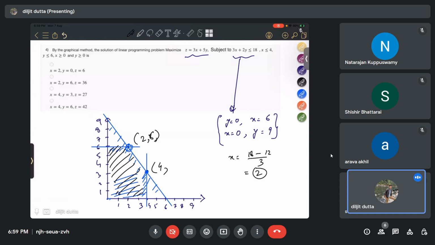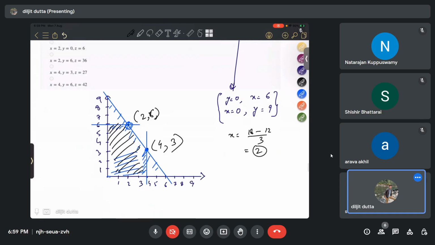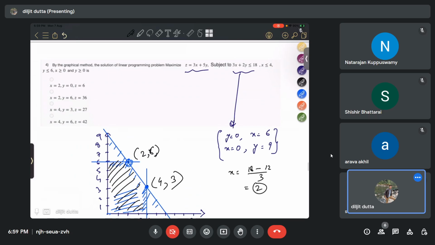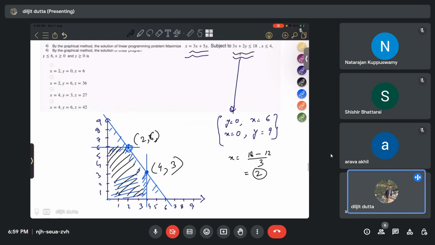If we substitute x equal to 4, y should be 3. So we have 2 points, that is 2, 6 and 4, 3.